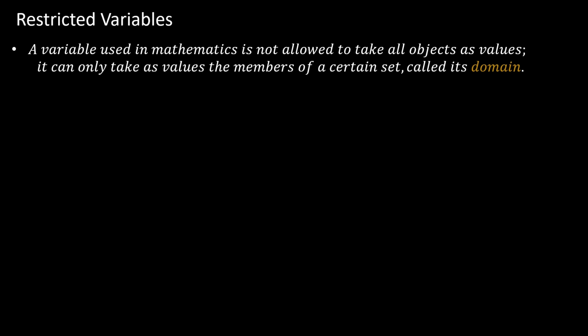These variables can only take values that are members of a certain set, and that set is called a domain. In calculus, we mainly look at the real values as our domain.